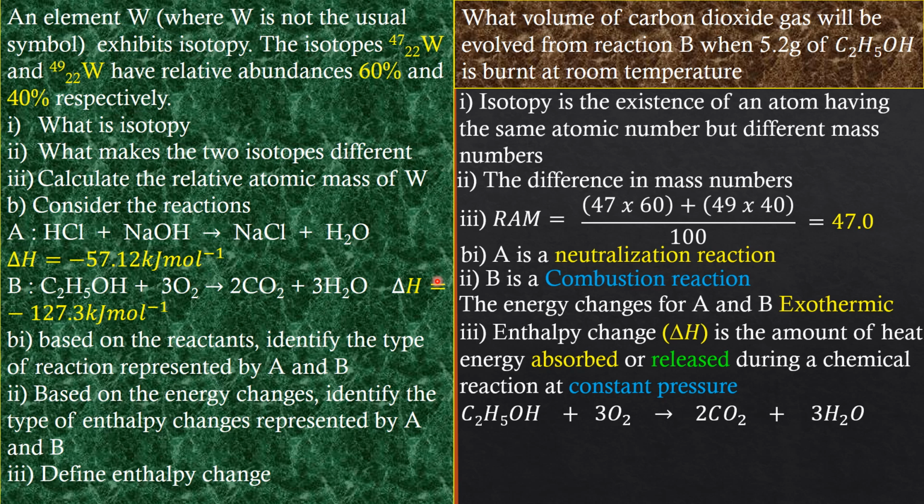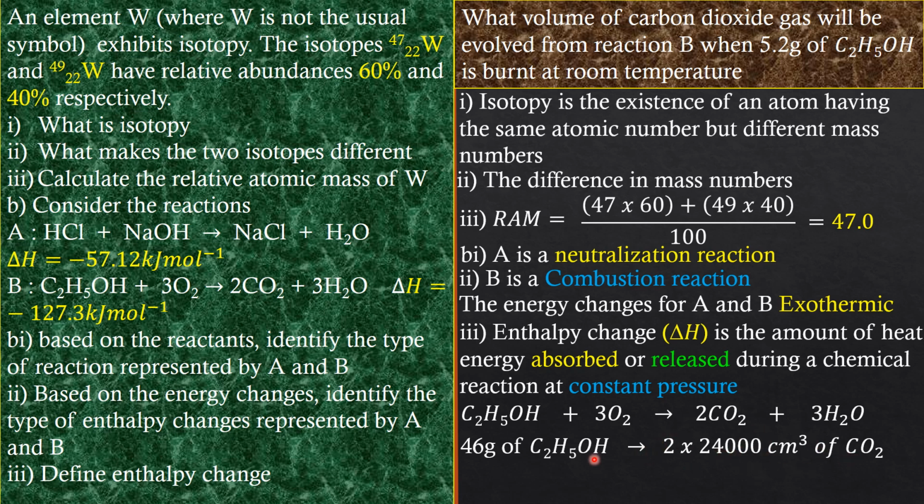So guys, let's keep in mind that 1 mole of any gas at room temperature occupies a volume of 24,000 cm cube. Now, if 46 grams of ethanol gives 2 moles of carbon dioxide, and 1 mole of carbon dioxide occupies 24,000 cm cube, then we have 2 times 24,000 cm cube of carbon dioxide.